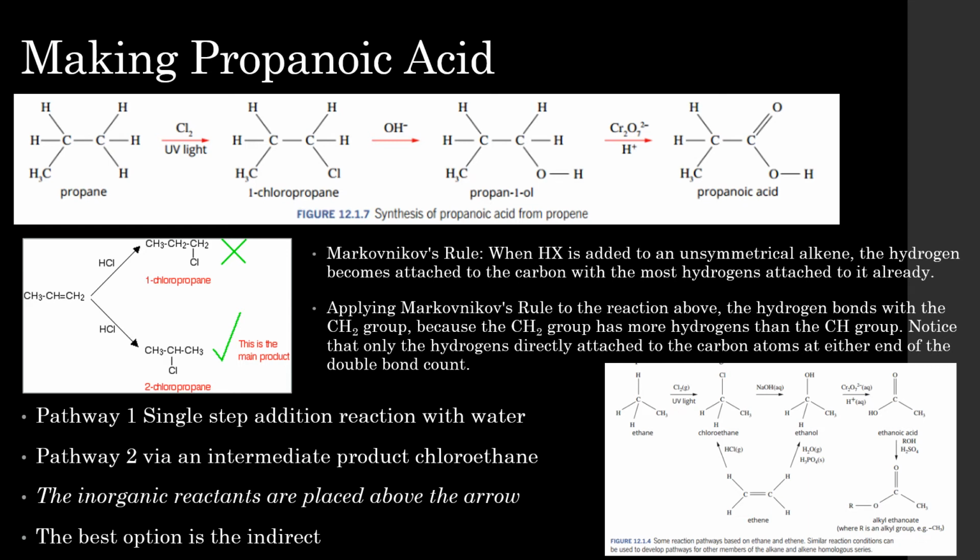The carbon with the most hydrogen likes to get the most hydrogen. So that's going to lead to the formation of 2-chloropropane, which is not going to be useful in forming that propanoic acid. So in this case, you're going to have to go to pathway 2. So we're going to be using this one up here.